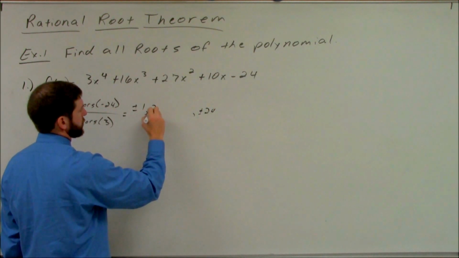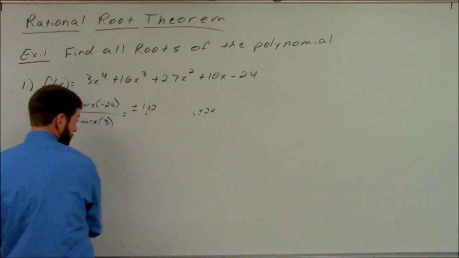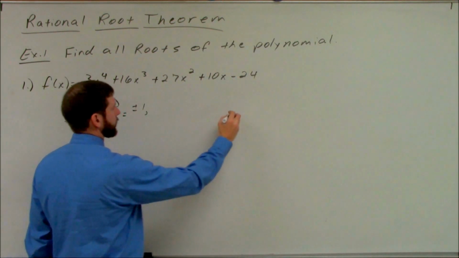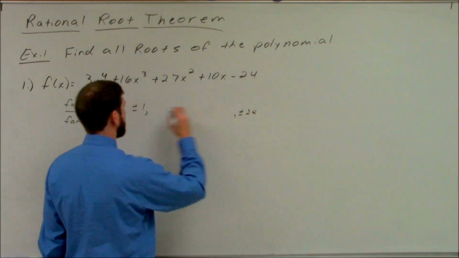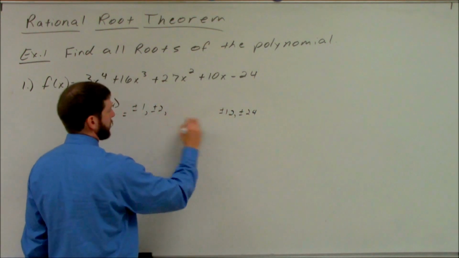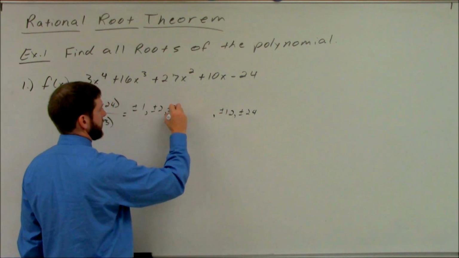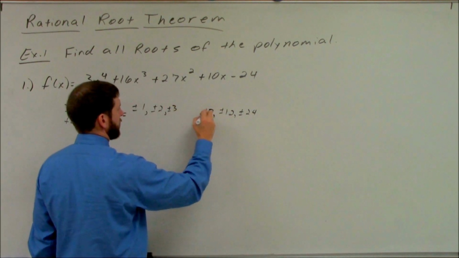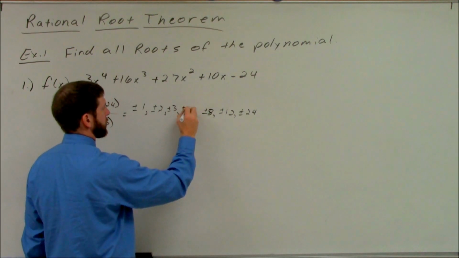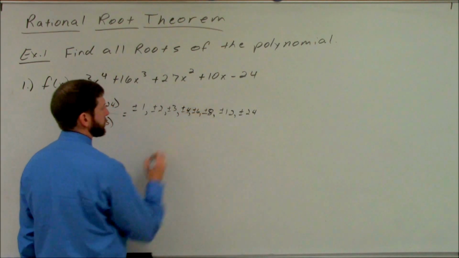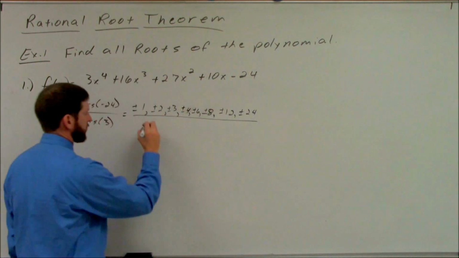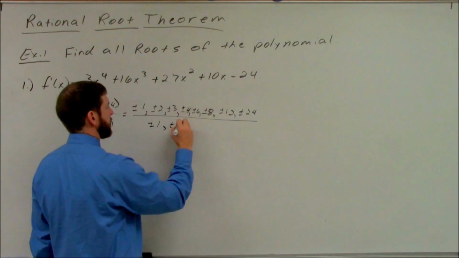We've got 2 and 12. I've got 3 and 8. And we've got 4 and 6. So that's the factors of our constant. Factors of the leading coefficient are just 1 and 3.